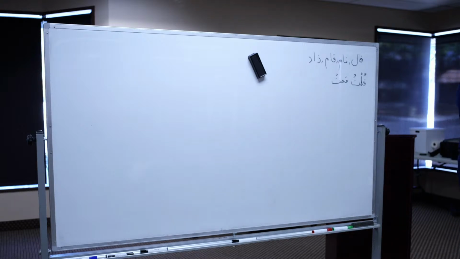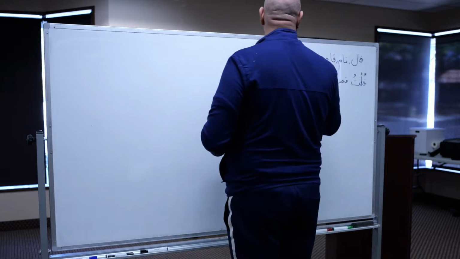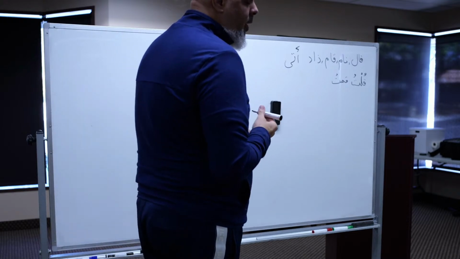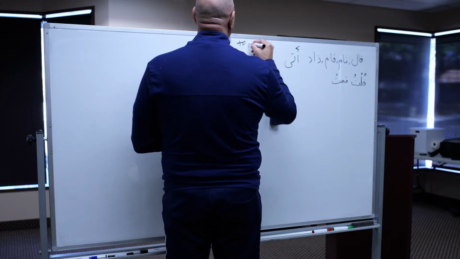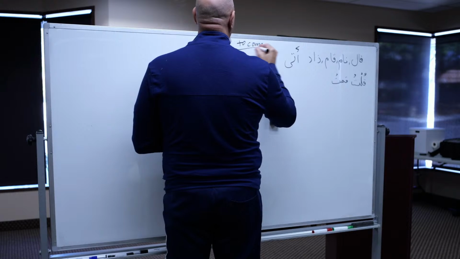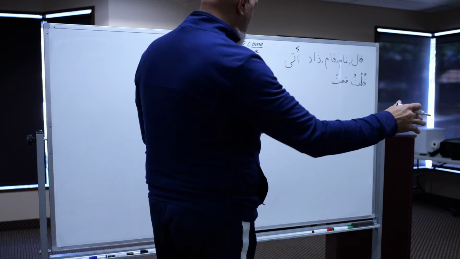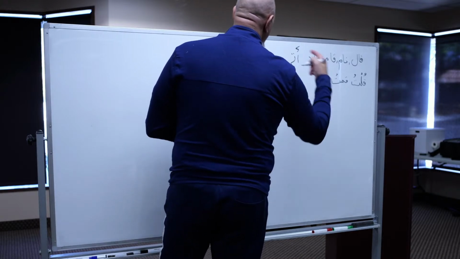Here's the clue. So we said what? أتى. ما معنى أتى؟ أتى فعل وهو ماض. ولكن ما معنى أتى؟ That's to come or arrive. ولكن في هذا السياق, in this context, هذا الفعل في صيغة المؤنث.